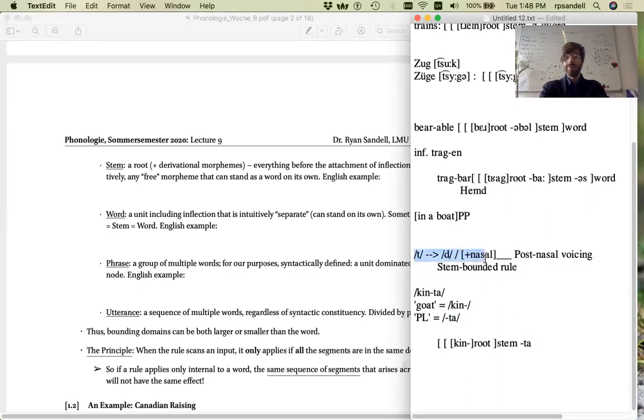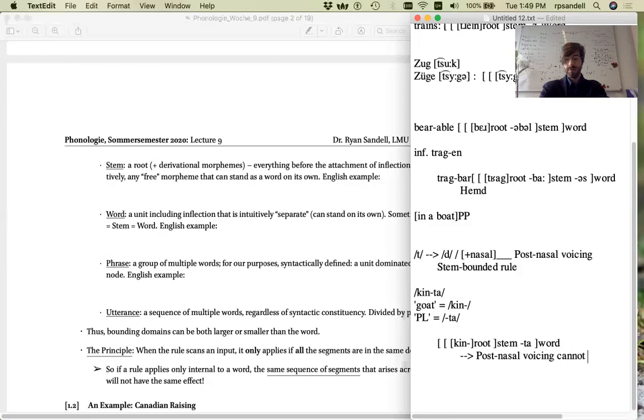So from the purely phonological information, without this additional morphological structure, it would look like this rule of postnasal voicing could apply because the voiceless alveolar stop follows a nasal segment here. But because this stop is not contained within the stem together with the nasal, the process is not able to apply. So in this instance, postnasal voicing cannot apply.